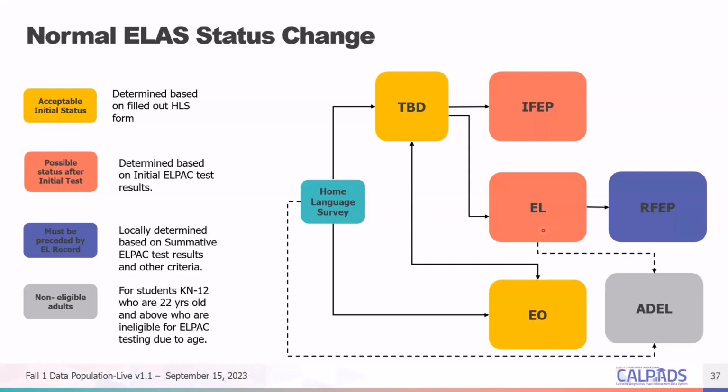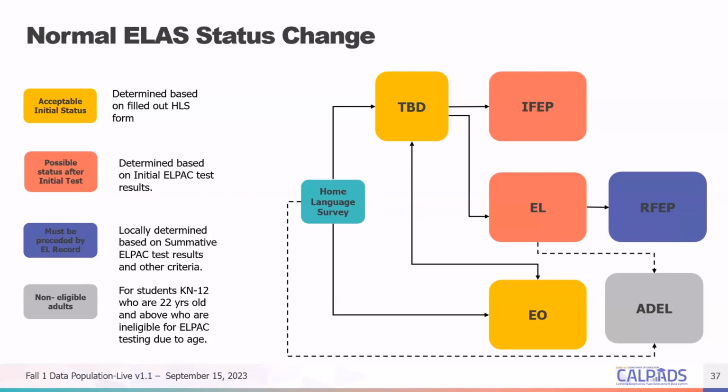If a K through 12 student with an ELAS of EL becomes 22 years old, they will be placed in ADEL status. If a student with an ELAS of EL is tested with the summative LPAC and the results of the summative LPAC indicate English proficiency, the student will be placed in RFEP status.